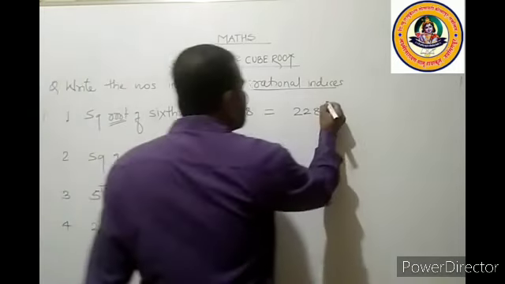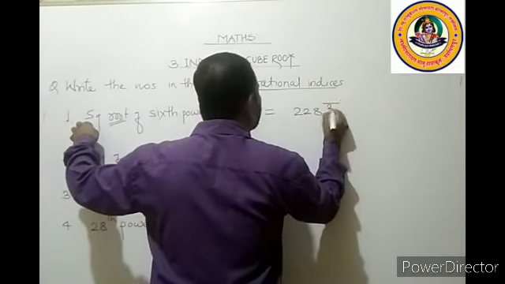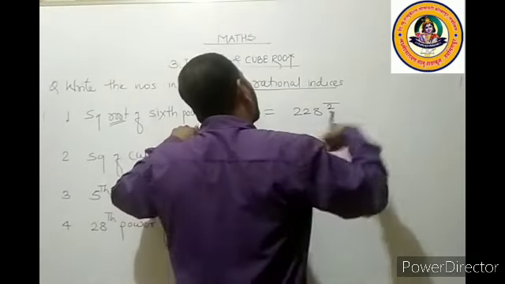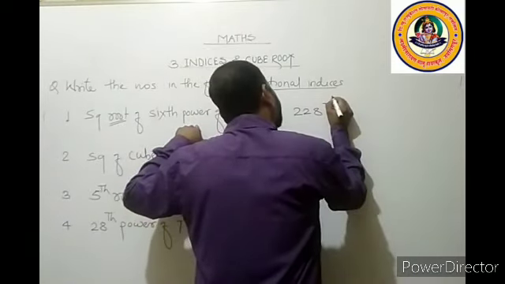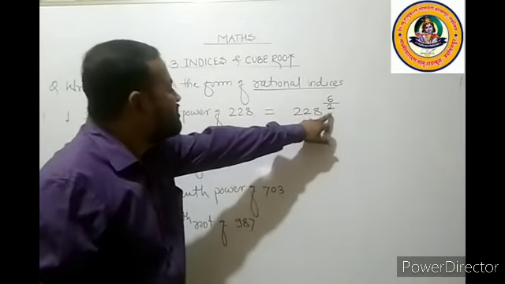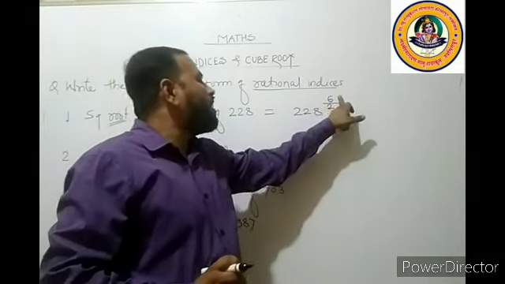What is the root? It's the square root, that means here 2 in the denominator. The 6th power, power 6 here in the numerator. That means it's the square root of the 6th power of 228.